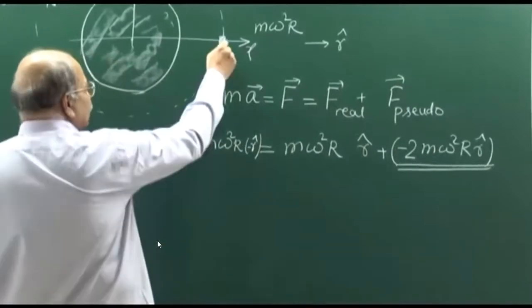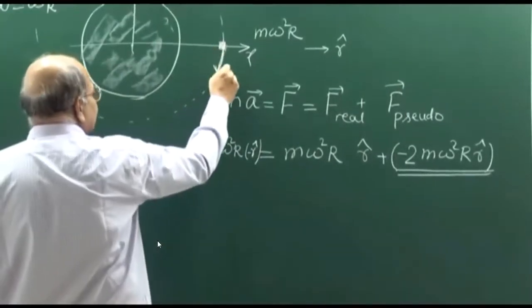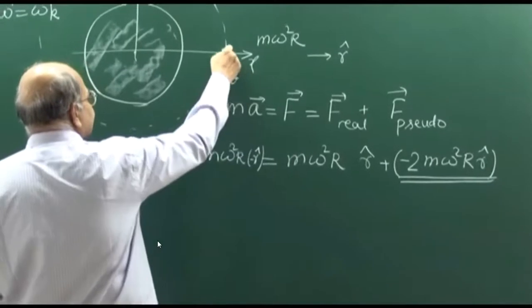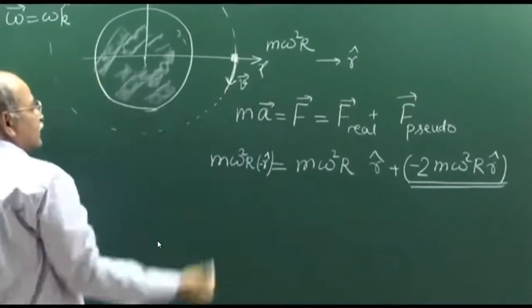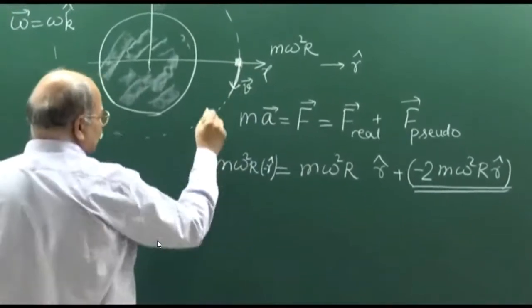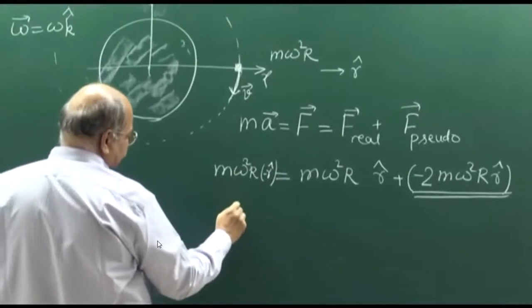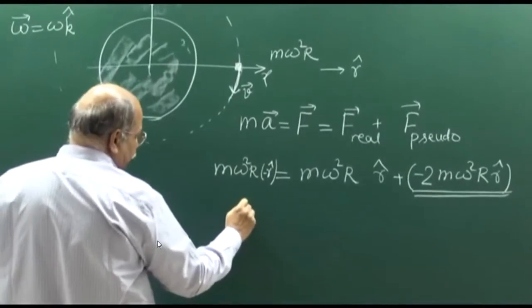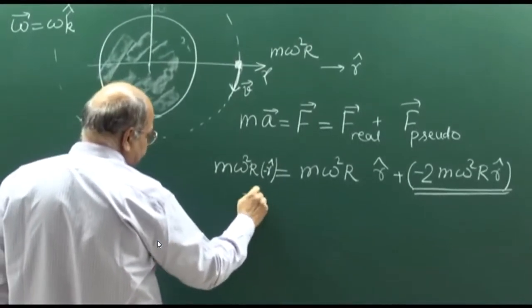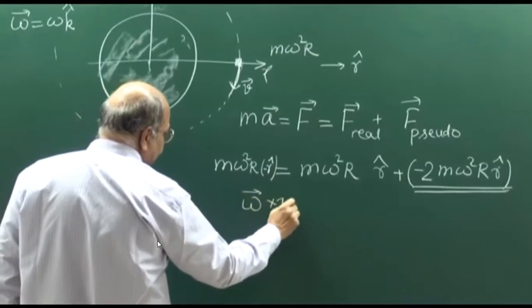If you see, the velocity is in this direction, this is the velocity at this instant, it is going in this circle. So, if I write what is omega cross v?